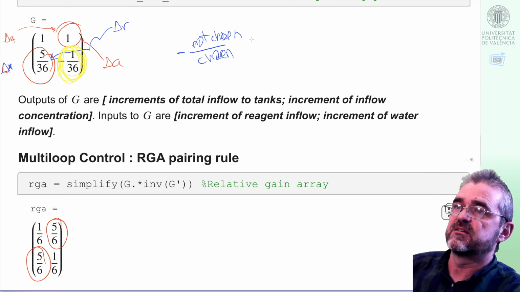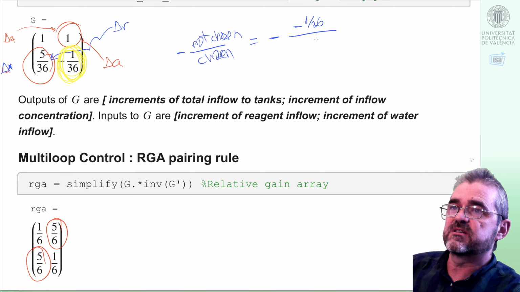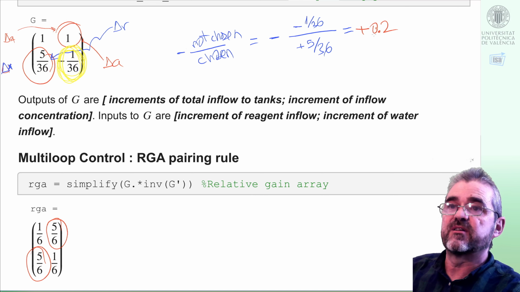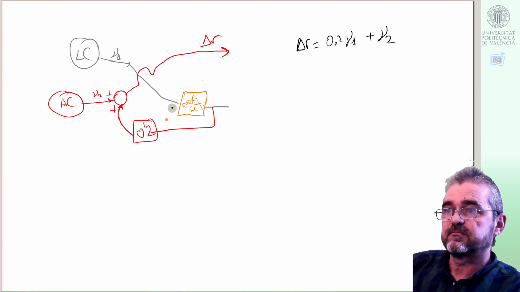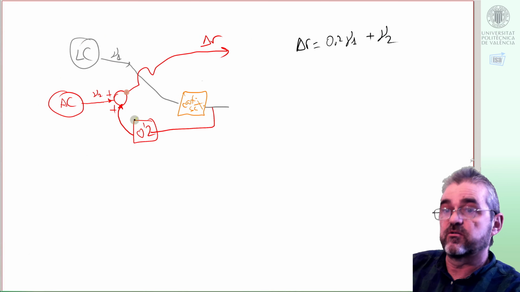So in this case, this is minus 1 over 36 divided by plus 5 over 36, which ends up being plus 0.2. So the inverse form decoupling to cancel the level behavior on the concentration loop would imply having this 0.2 term in incremental thing from the level loop correcting the concentration loop.